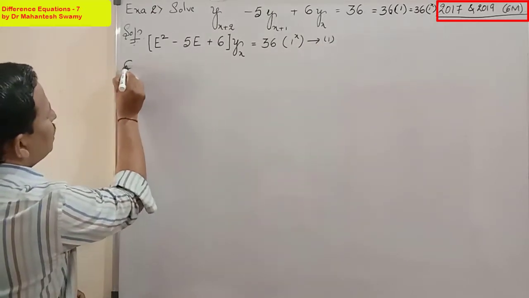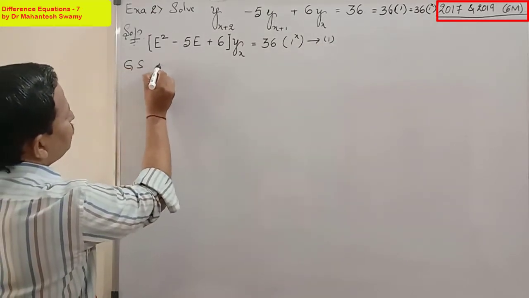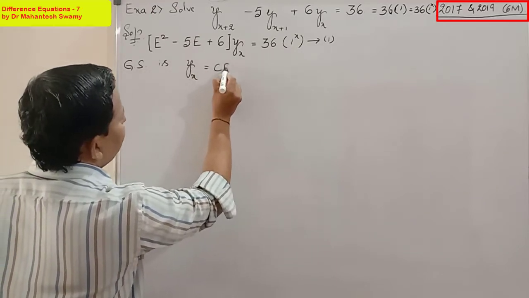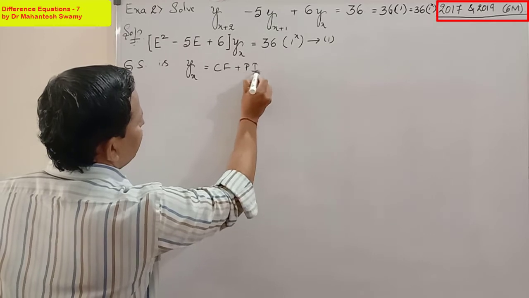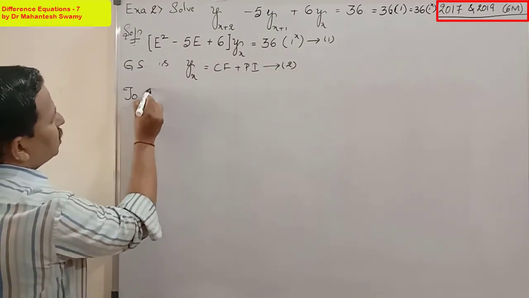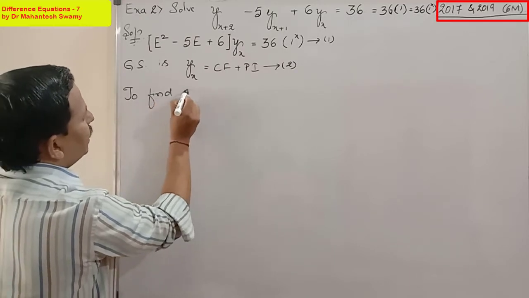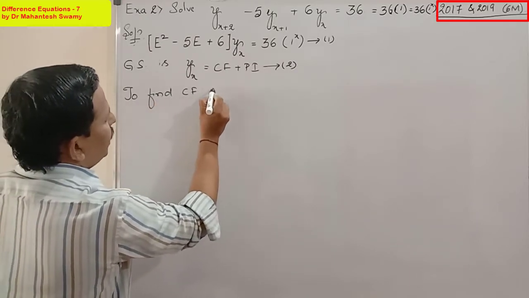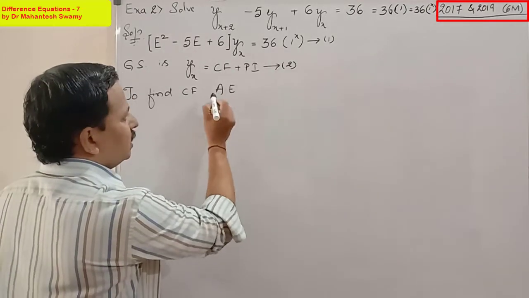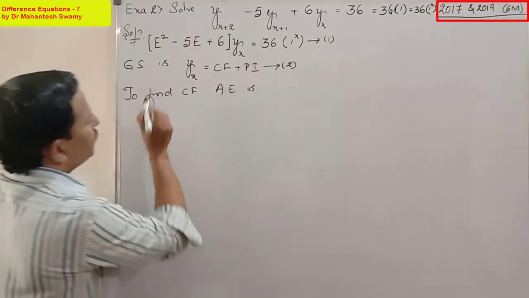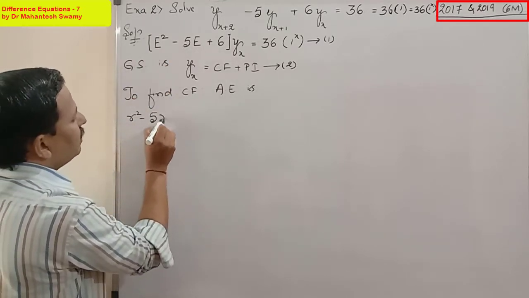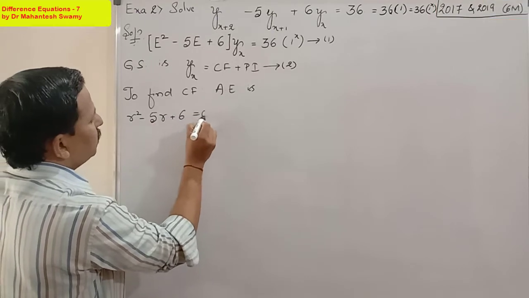Now we know that the general solution is y(x) equal to complementary function plus particular integral. Call it equation number 2. To find the complementary function, we write the auxiliary equation as usual. The auxiliary equation is r square minus 5r plus 6 equal to 0.